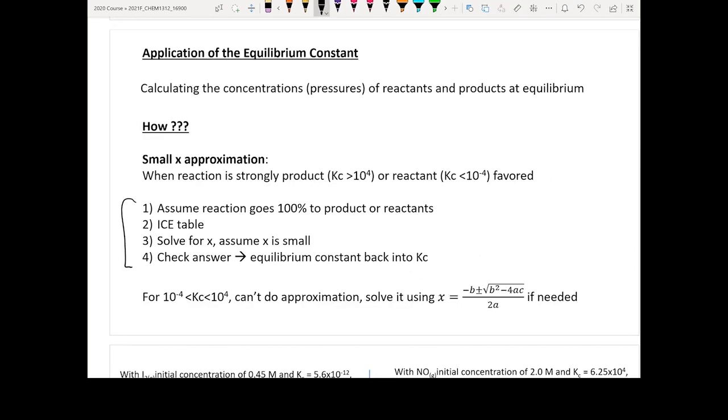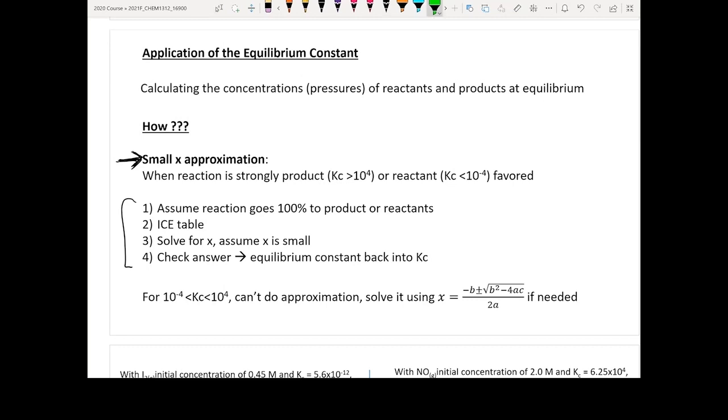One very, very important thing for this chapter is you will learn something called the small x approximation, which is an approximation that can make your calculation much simpler. But not all chemical reactions can use this approximation. There are actually a few requirements.